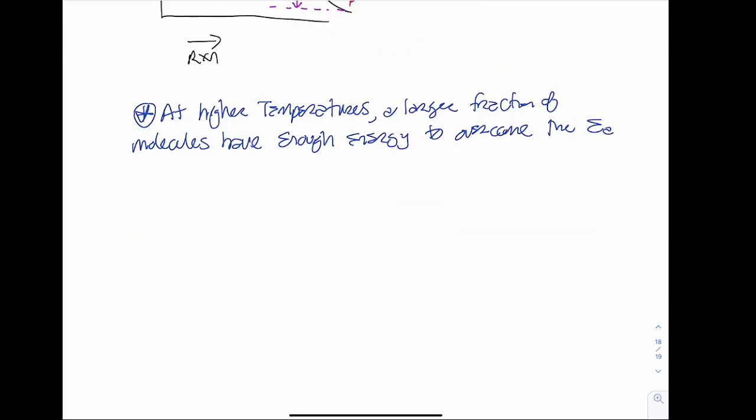We do have an equation that relates temperature to our reaction rates. Rather, the rate constants, but the rate constants are directly related to our reaction rate. So our equation is our Arrhenius equation.